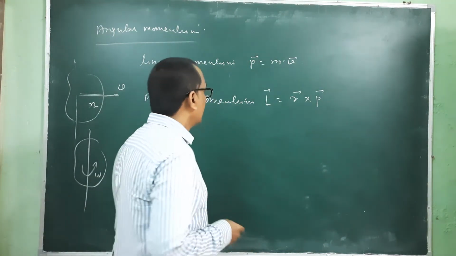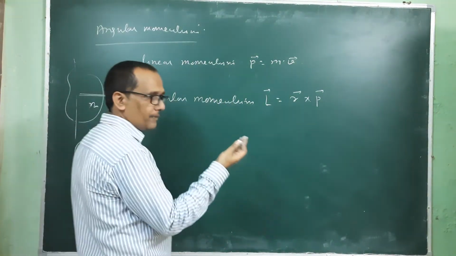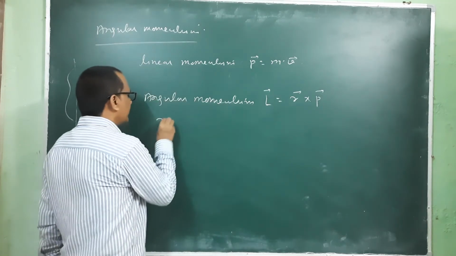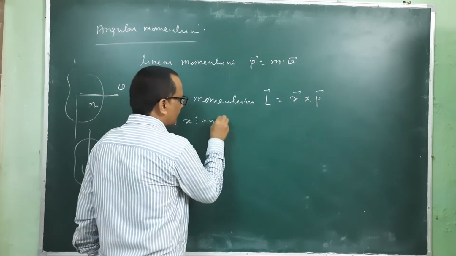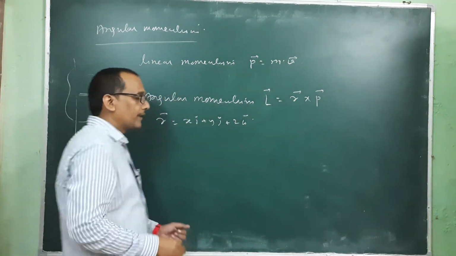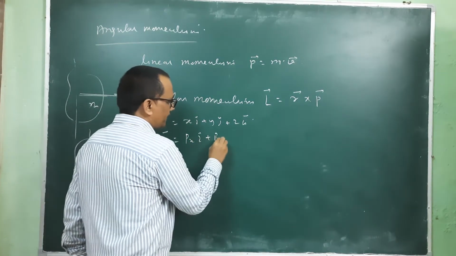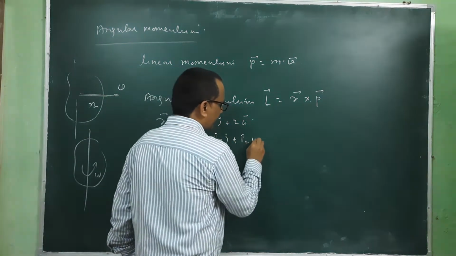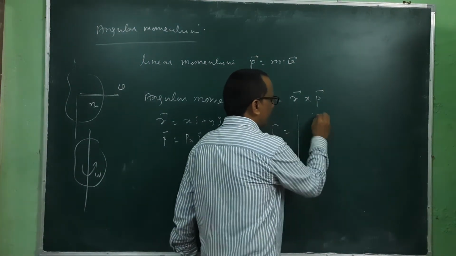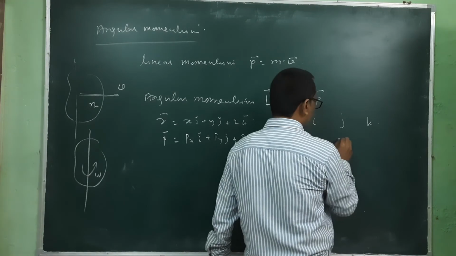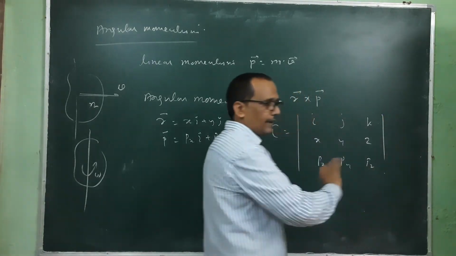Okay, so R can be written in terms of x, y, z as R equal to xi plus yj plus zk, and P is equivalent to pxi plus pyj plus pzk, and L can be written as a determinant of i, j, k, x, y, z, px, py, pz, and similarly we can calculate this.